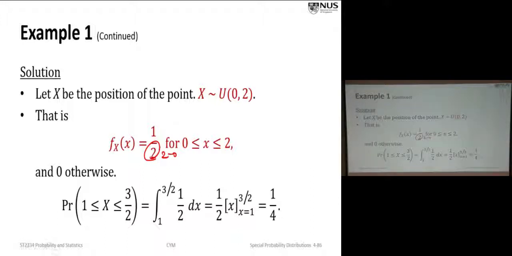So the chance that the point falls between 1 and 3 halves is 1/4. Of course, you can get the answer without doing the integration. Since it is uniform, the width covered by 1 and 3 halves is 1/4 of the width between 0 and 2, so it is 1/4.